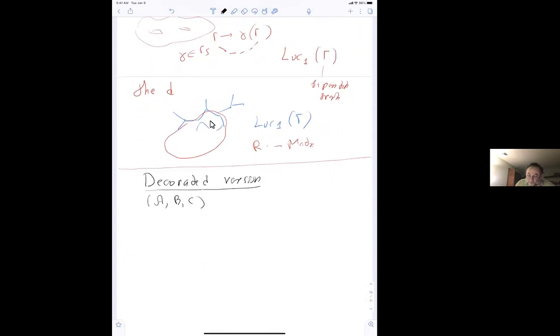We say that F is a decorated flag if we are given non-zero vectors, let's call them F_i, which live in every quotient F_i by F_{i+1}.